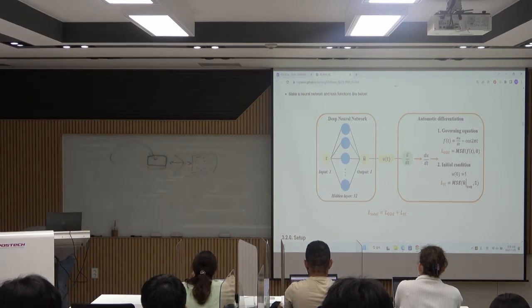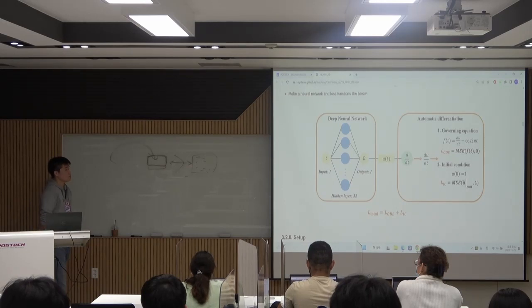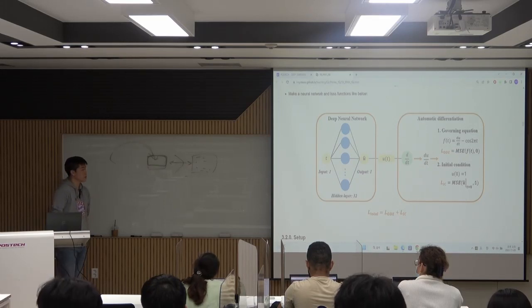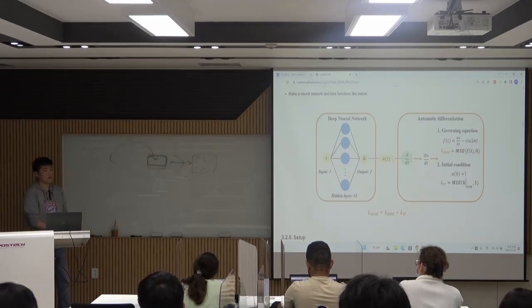Before we start the coding, there are two methods you can use. There are more methods, but I will explain two famous methods to solve these PINN problems. The first method is to use TensorFlow models, as you already used this semester. We can just use TensorFlow for the physics-informed neural network, but it's quite complicated.